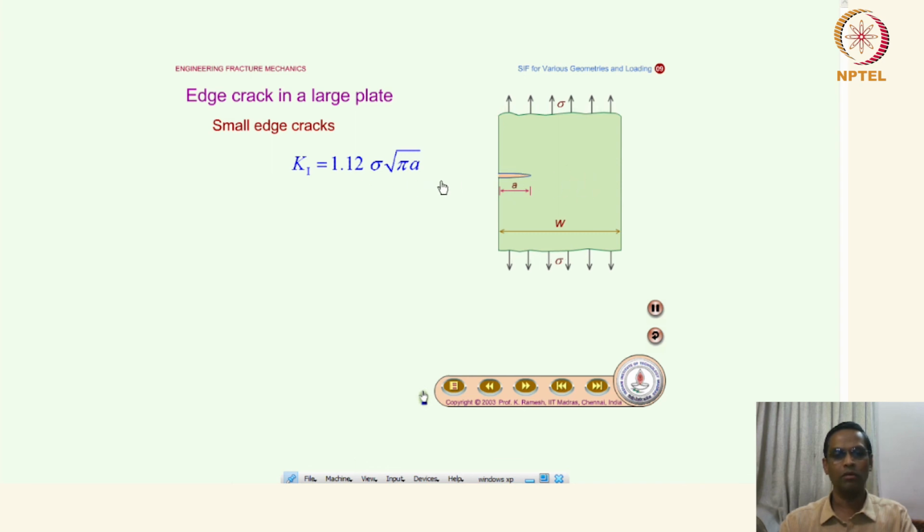Why is it so? This is because the face which is there in this plane is a back free surface. Since this end is already open, these edges will be subjected to a free opening displacement again.